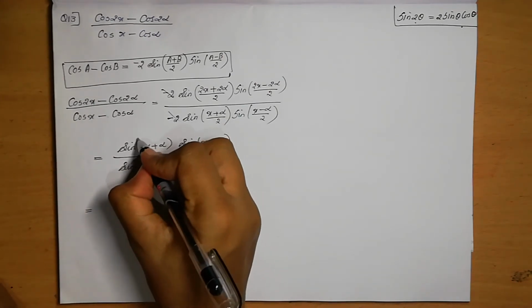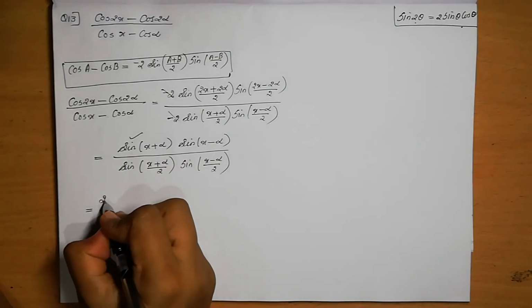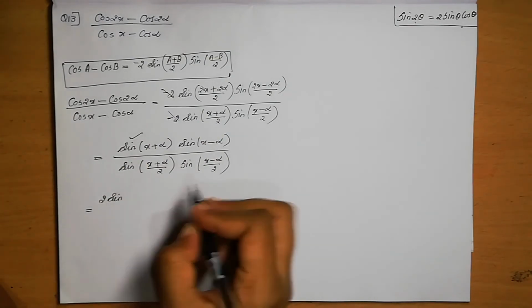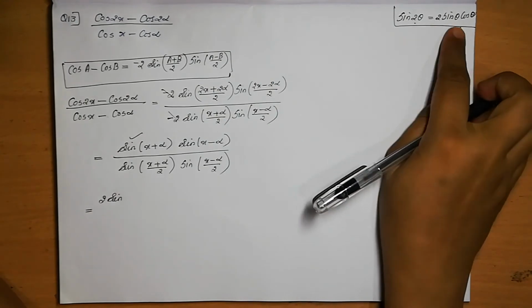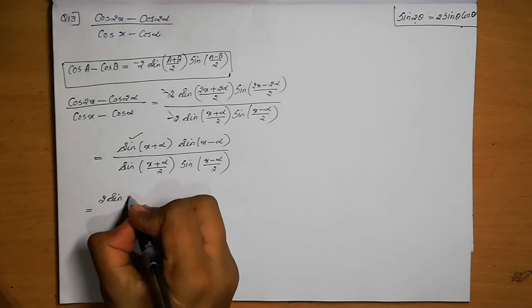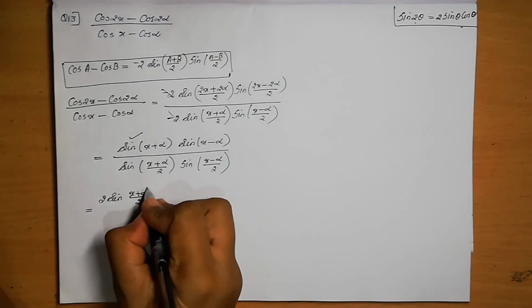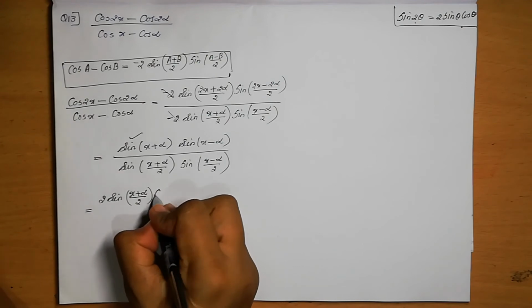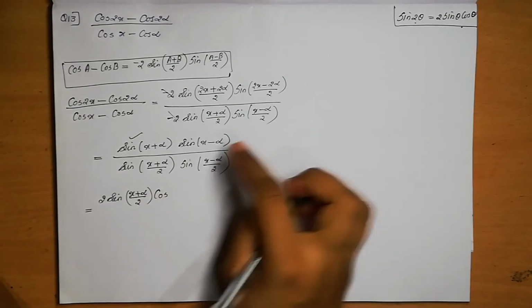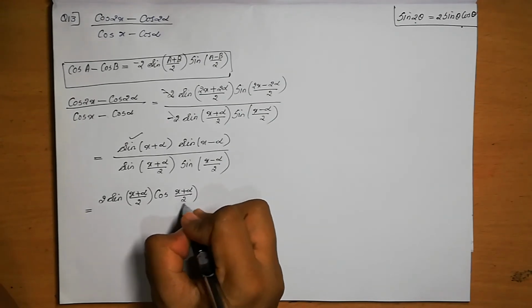Sine of an angle, that means 2 sine theta, where theta is half of this angle: 2 theta becomes theta. So here also we need to write half, that means (x plus alpha)/2. Then sine theta cos theta, and cos theta is also half of the angle, (x plus alpha)/2.